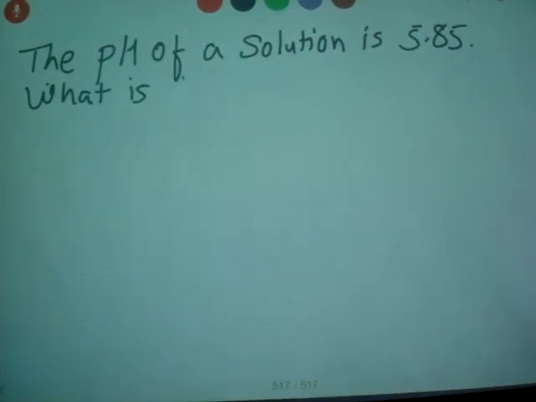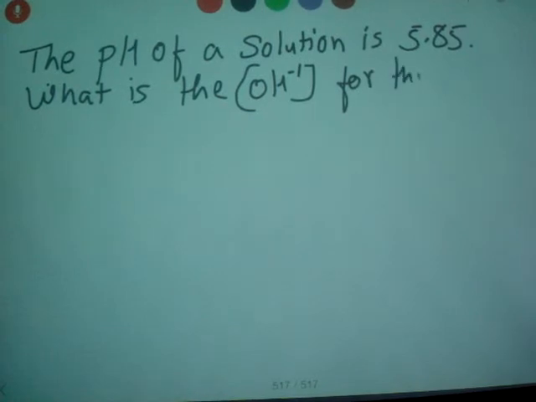What is the OH minus concentration for these solutions? Now, pH is given.